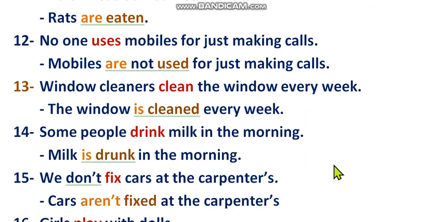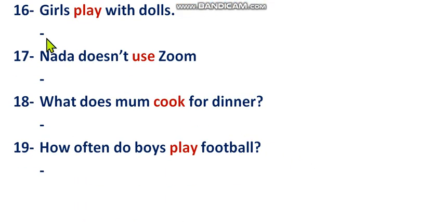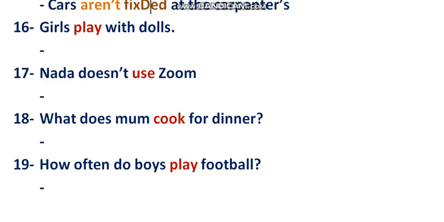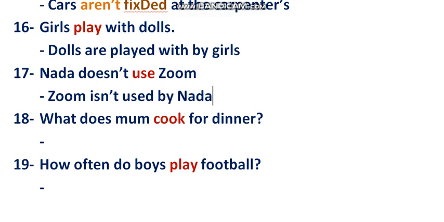Okay, now let's move to more questions. Girls play with dolls. Simply, dolls are played with. We can say by girls. Nada doesn't use Zoom, so Zoom isn't used by Nada.